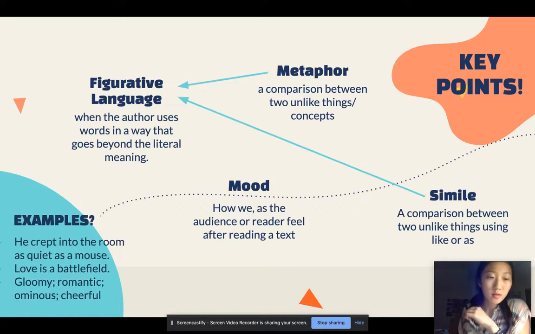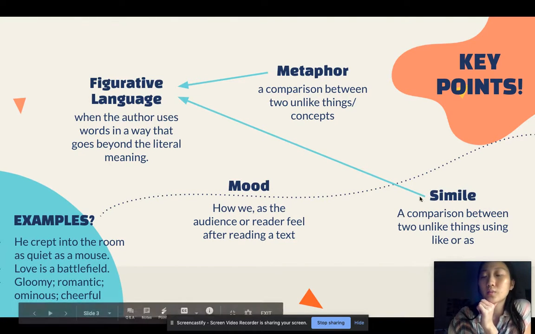So, let's look at a few examples first, before we dive into some more intricacies. He crept into the room quiet as a mouse. What do you think this is? Is it figurative language? I think so. Is it a metaphor or a simile, though? He crept into the room as quiet as a mouse. Since it's using the word as, we know it's a simile.